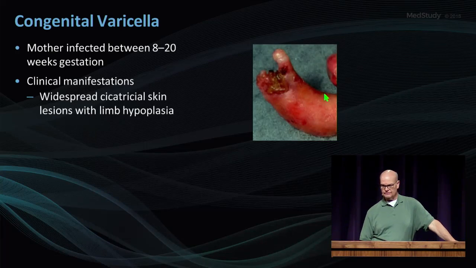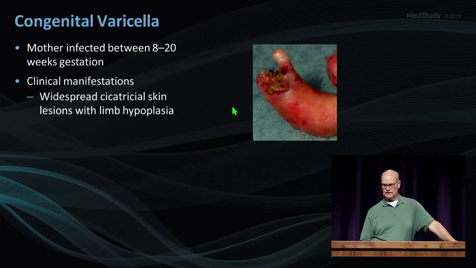Now, the look-alike for this on your boards might be an amniotic band. But with an amniotic band, basically everything distal to the band, let's say the band was here, would be either absent or very, very hypoplastic. And everything proximal to the amniotic band would be completely normal.